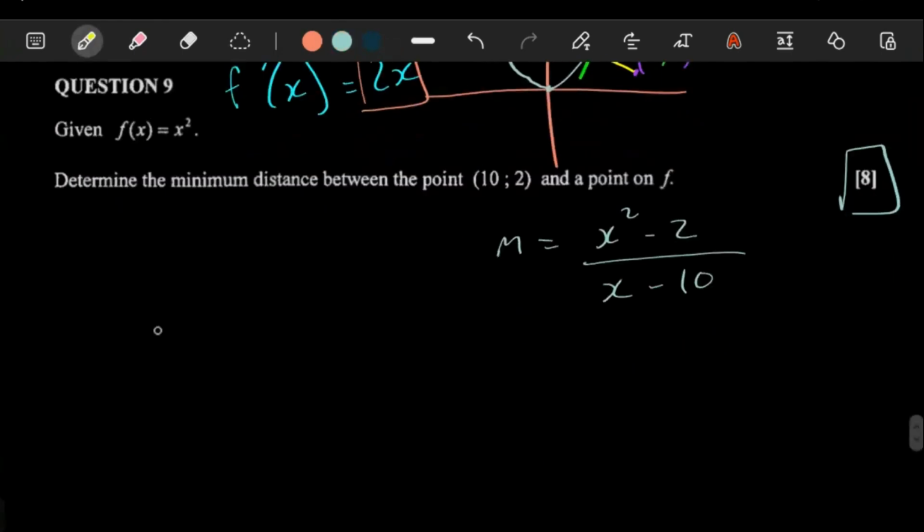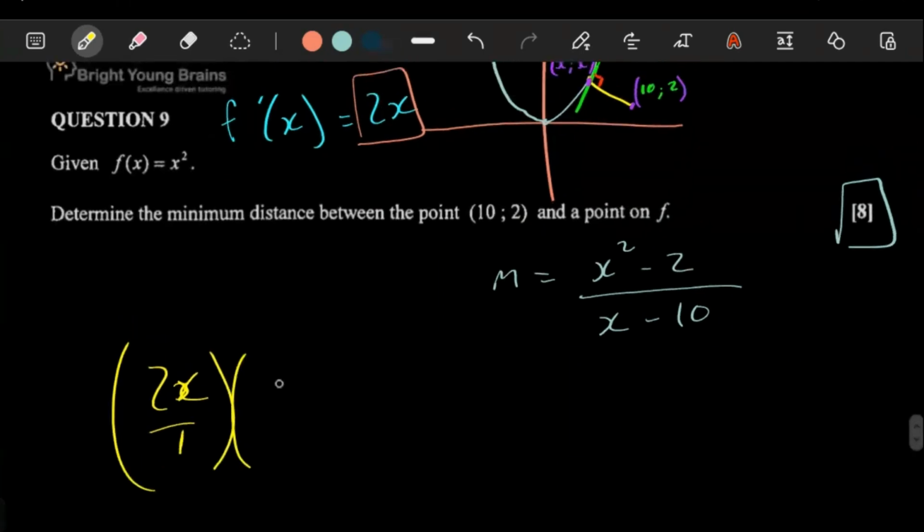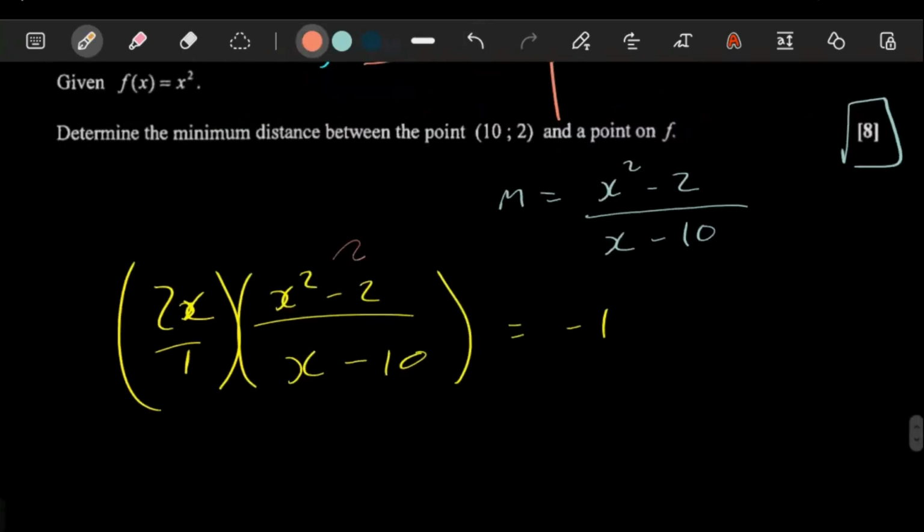-1. So what we know is 2x, let's make it a fraction, if you multiply it by this expression here, the whole thing has to result with -1 as the product. So if you simplify this, you're going to get here 2x cubed, because this times this gives you 2x to the power of 3.